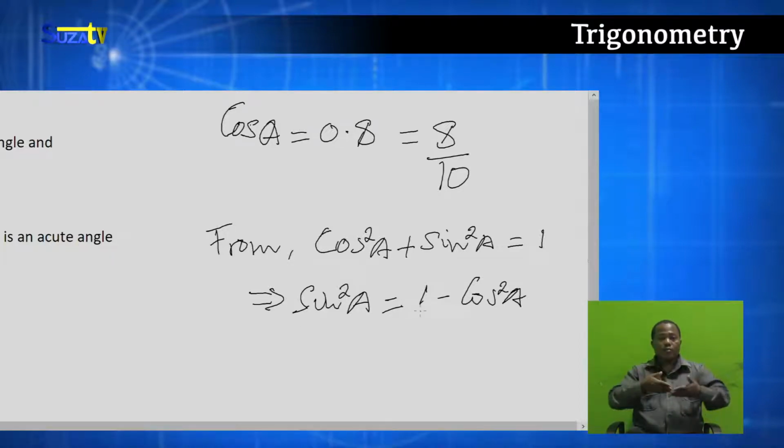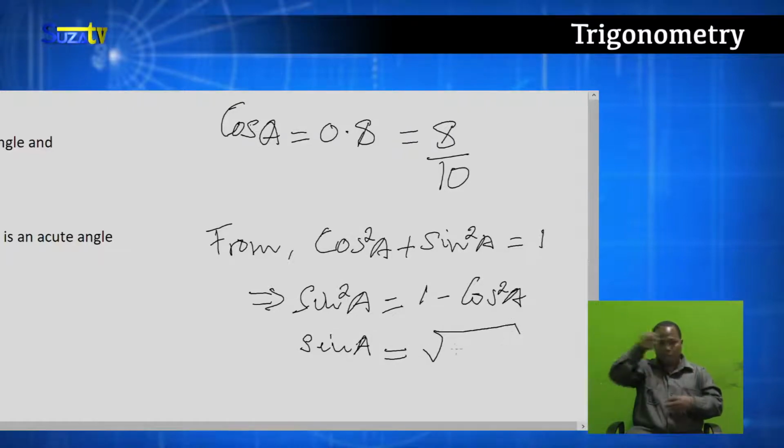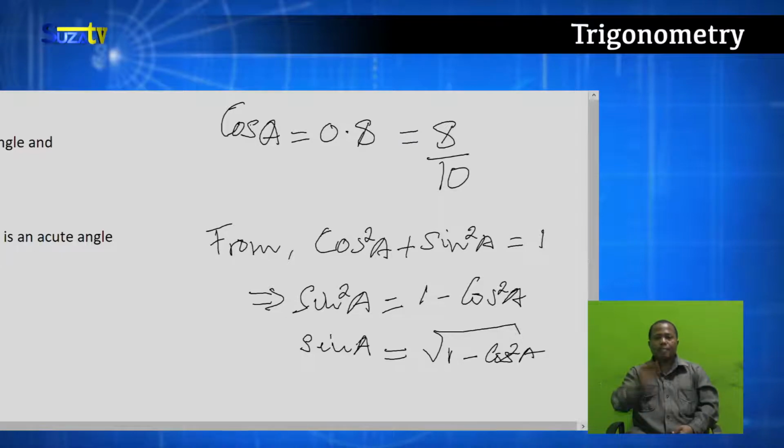So sine A is equal to the square root of 1 minus cos squared A.